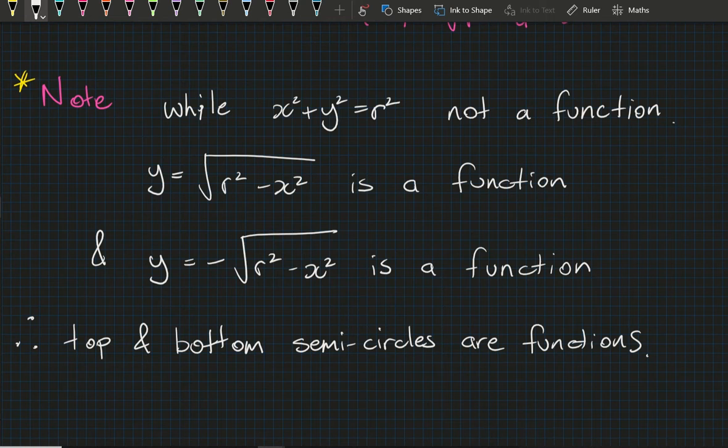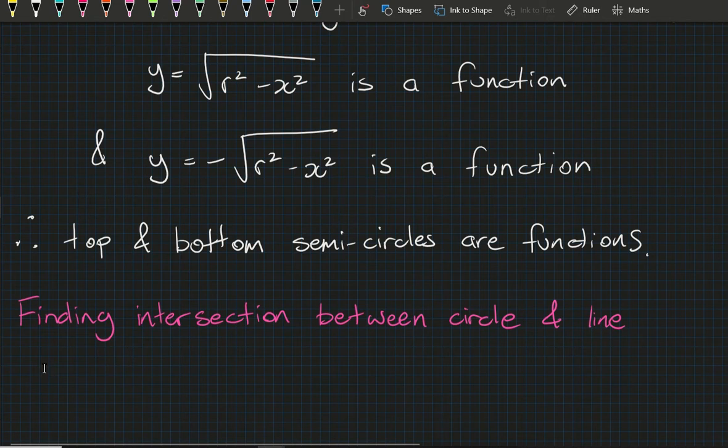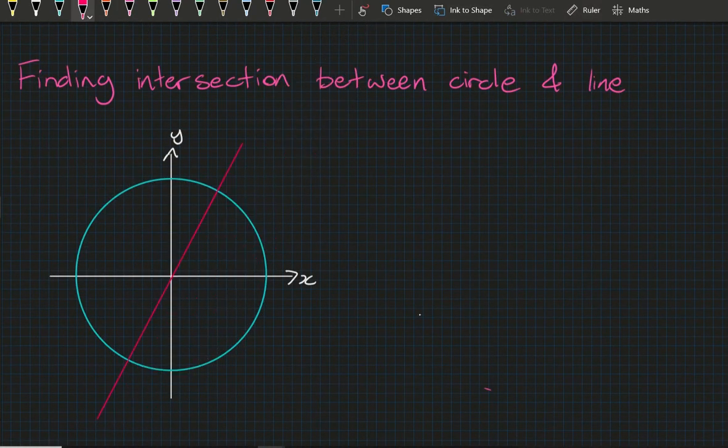One other thing we want to learn is how to find the intersection between a circle and a line, such as this circle here and this line here, with the equation y equals mx. To find these intersections, we're going to use substitution.